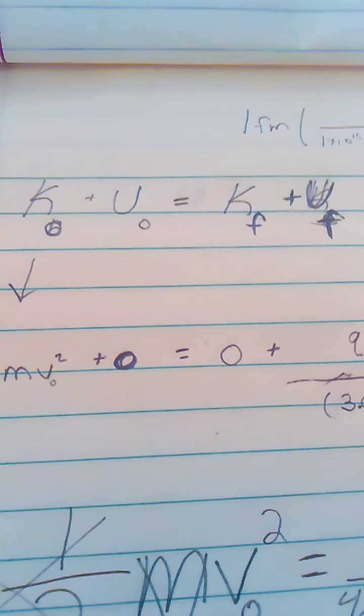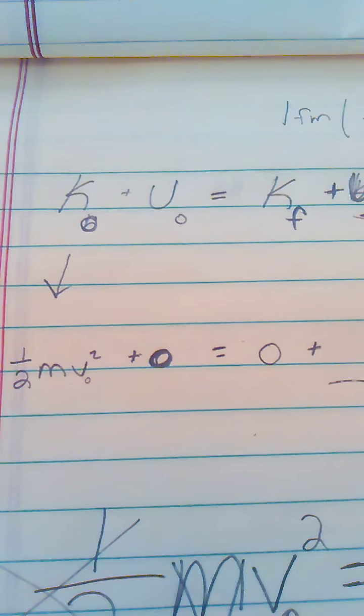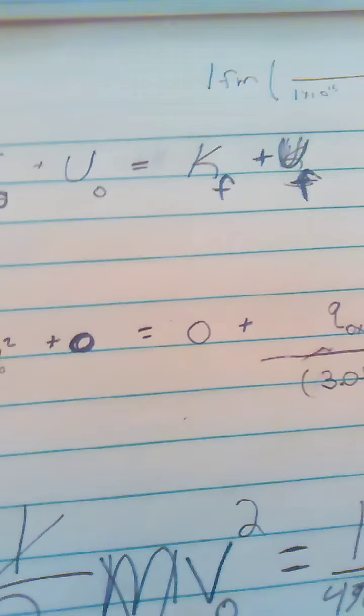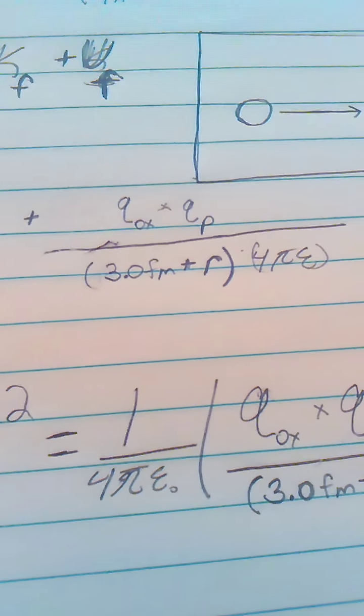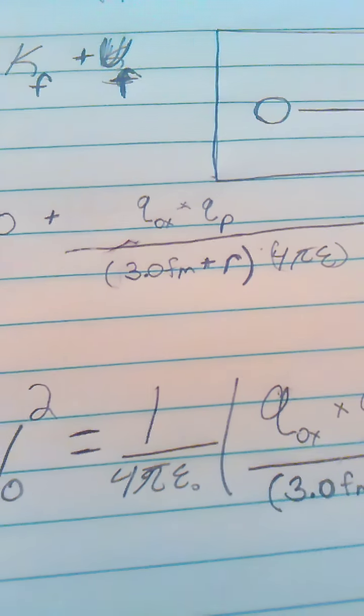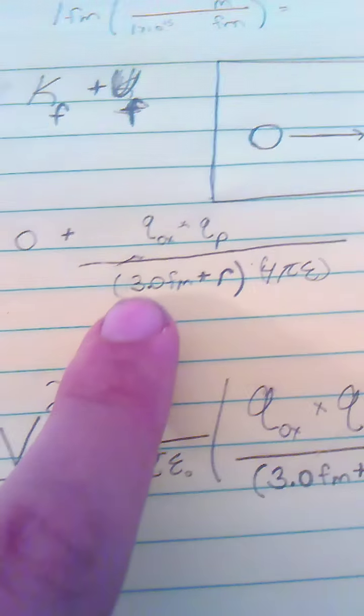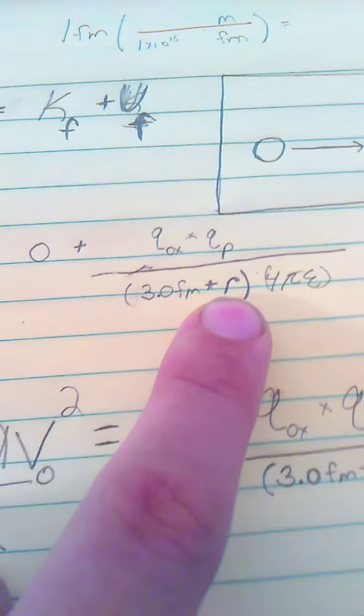Alright, here's your typical setup. Energy is conserved, that's before, and that's the after. And again, I just set up with more variables and expanded it out. You see right here, I just left this to fill in for the 1 femtometer later on.